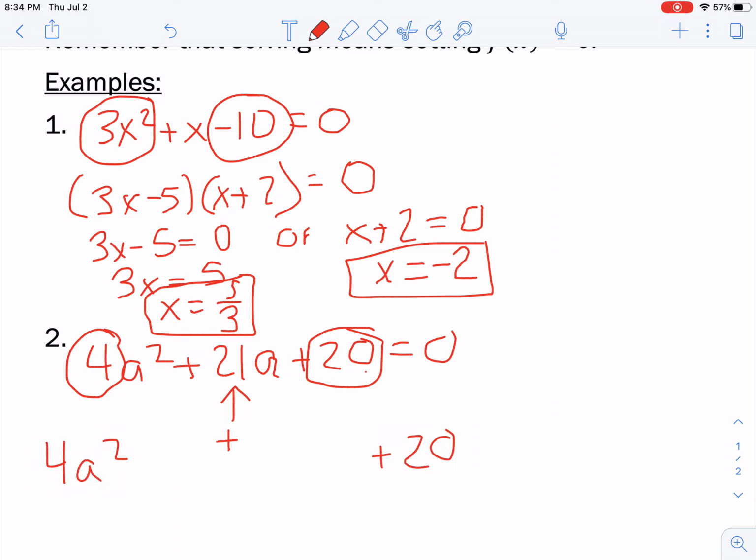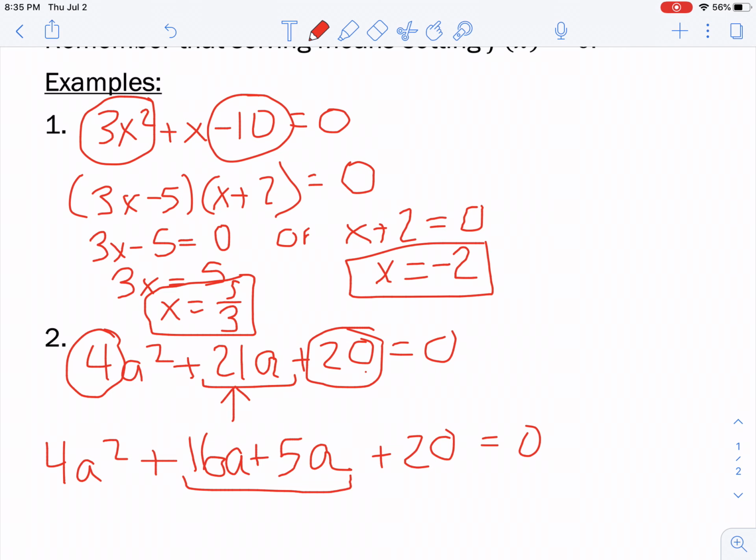But what I really want to do is take that middle term and break it up into those factors that we just talked about. So two numbers that multiply to 80, I could use 16 and 5, because 16 times 5 is 80, and they also add to 21. So I'm just going to break down the 21a into 16a plus 5a.